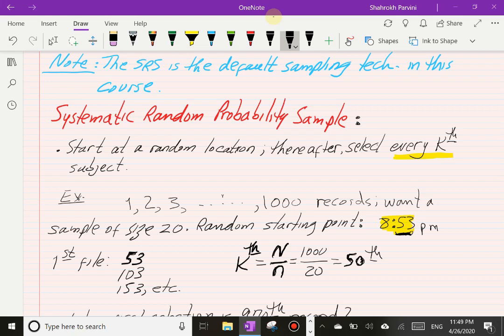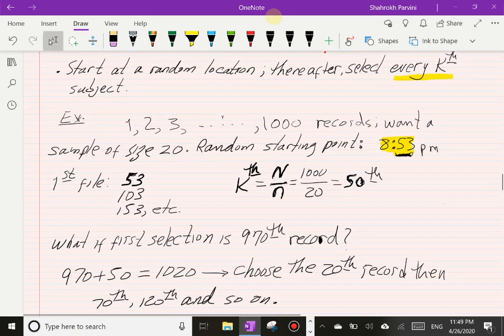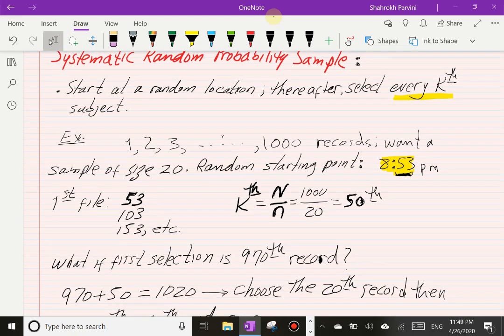Now, what if I start from the latter part of the list? So let's say for my first selection, I ask somebody to give me a number. They call out 970. So how am I going to collect a sample of size 20? Well, my first record is 970, right? And I'm looking at every 50th record. So the next one is going to be 50 plus that, which makes it 1050. So what we do is we go in front of the list.